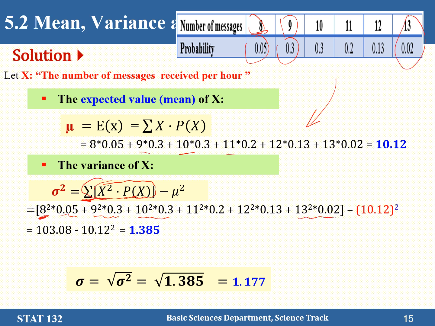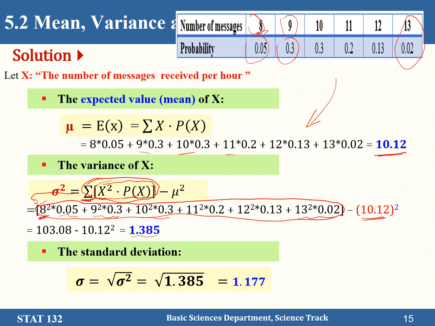And we are done with this part. Then mu, we got it, it's 10.12, so we take it squared, and it will be 1.385. And now, what is the standard deviation? The standard deviation is, of course, the square root of the variance, and you take the square root of it, and we get this one.